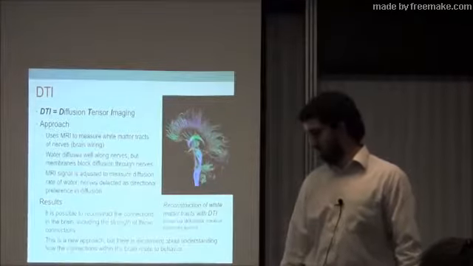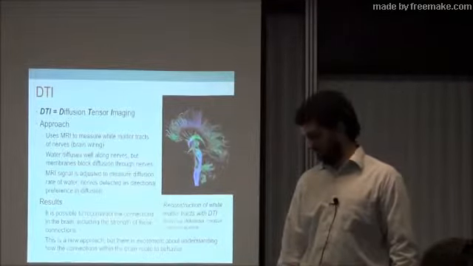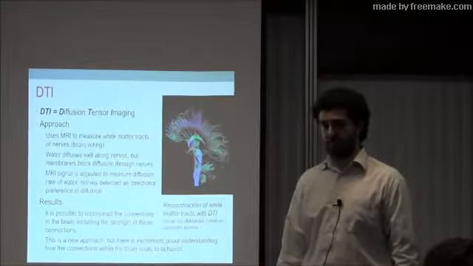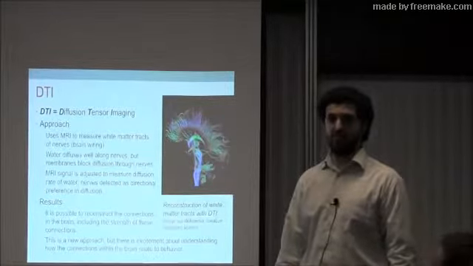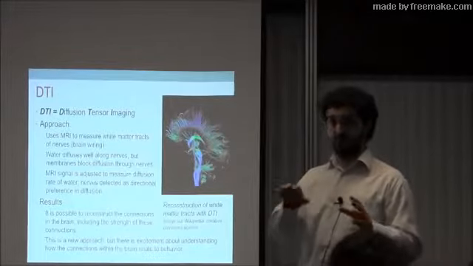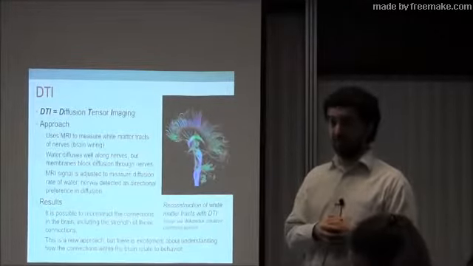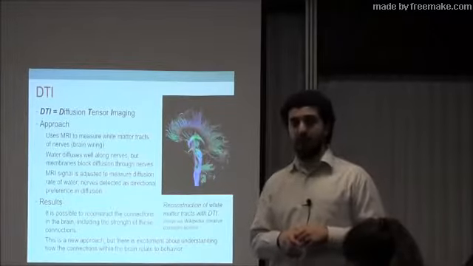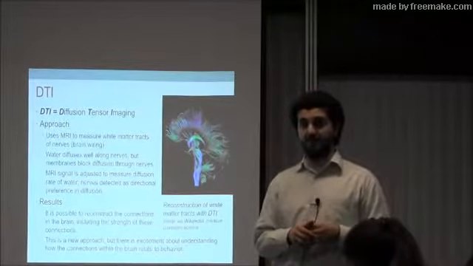Diffusion tensor imaging uses MRI to measure white matter tracts of nerves. It is particularly important in studying nerve tracts or fiber tracts within the brain, and particularly useful for disorders that involve deficits in fiber tracts.